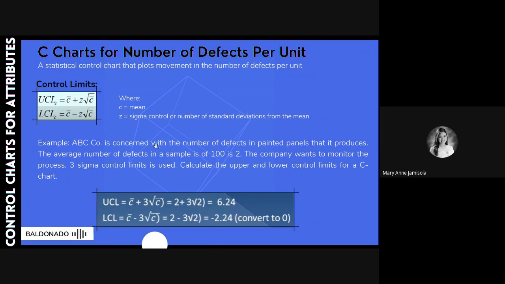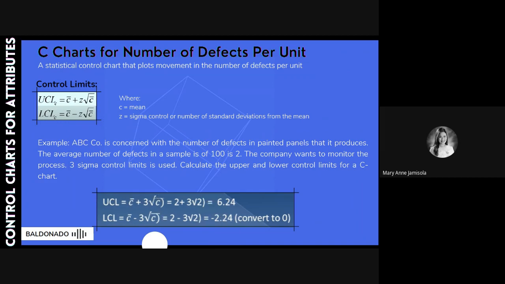ABC company is concerned with the number of defects in painted panels that it produces. The average number of defects in a sample of 100 is 2. The company wants to monitor the process. 3 sigma control limits is used. So 3 here is our Z, and then 2 is our mean because it says that the average number of defects is 2. So just substitute the values to our given formula and then you can get the upper control limits and the lower control limits.